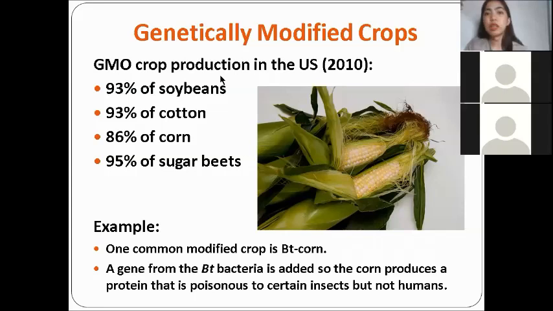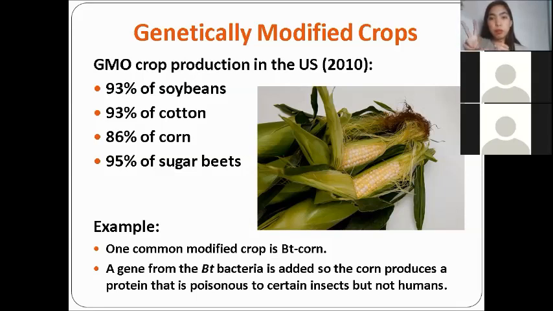One common modified crop is the BT corn. So a gene from the BT bacteria is added so the corn produces a protein that is poisonous to certain insects but not humans. So the species of the BT bacteria and then the species of corn, di ba?